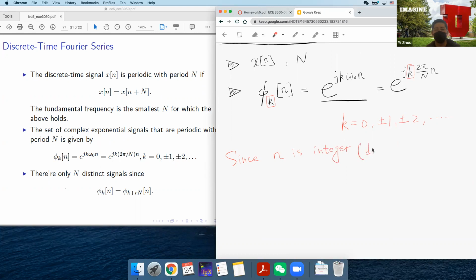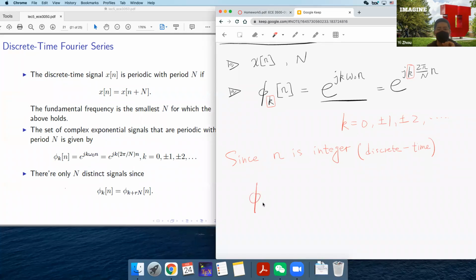Because we are considering discrete time signals, the time index n can only take integer values.